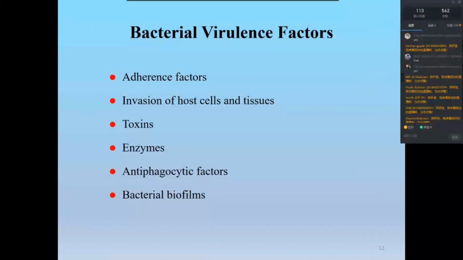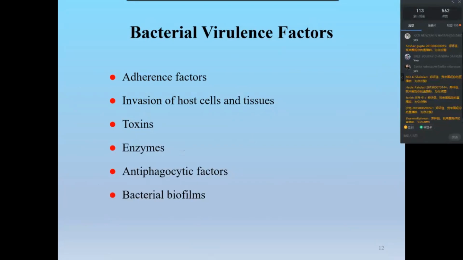Now we are talking about the bacterial virulence factors. They are infecting the host cell, the host body, in different steps, and at different steps there are different factors involved that enable them to cause disease, enable them to be virulent.